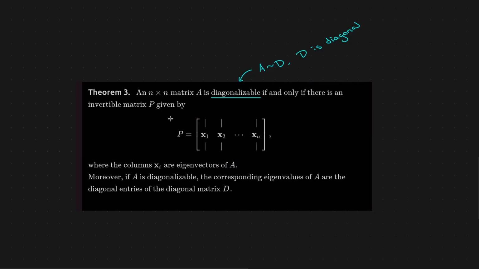We will see that there are times when we can find n linearly independent eigenvectors of matrix A, in which case matrix A is diagonalizable. It would be similar to a diagonal matrix D. But there will also be times where matrix A does not have n linearly independent eigenvectors, in which case matrix A would not be diagonalizable. There would not exist a diagonal matrix D that matrix A is similar to.